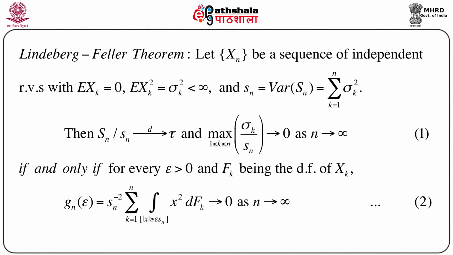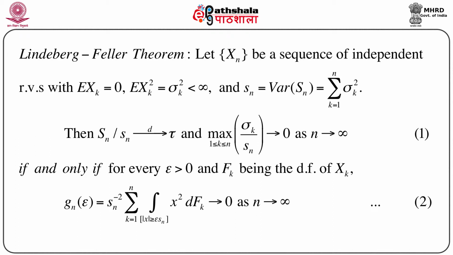The statement goes like this: if Xn is a sequence of independent random variables with the expectation of Xk equals 0, the expectation of Xk squared equals sigma k squared, which is less than infinity, and sn squared equals the variance of capital Sn, which equals the summation of sigma k squared, k equals 1 to n.